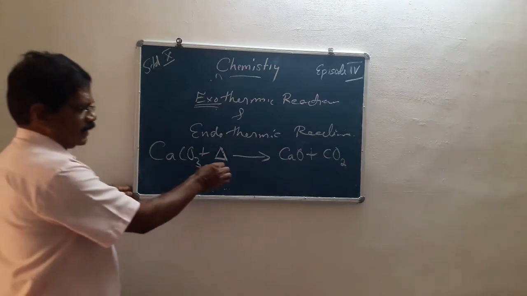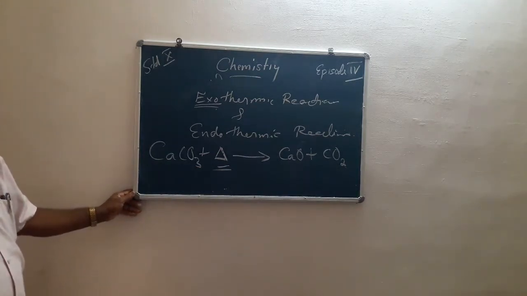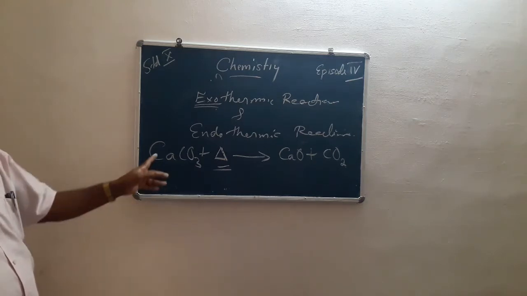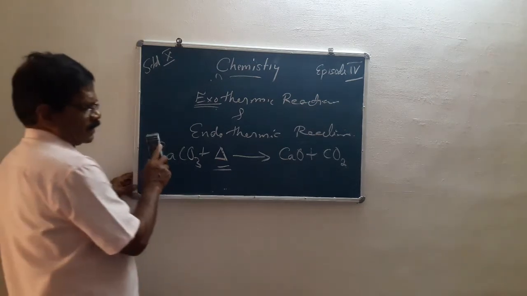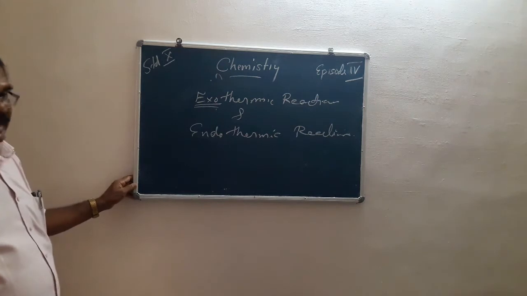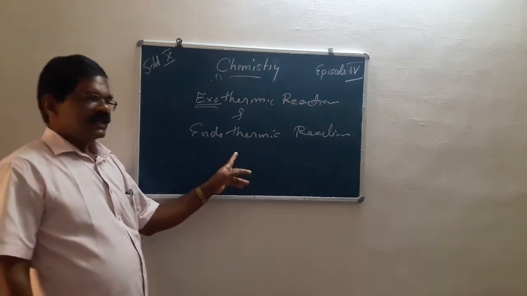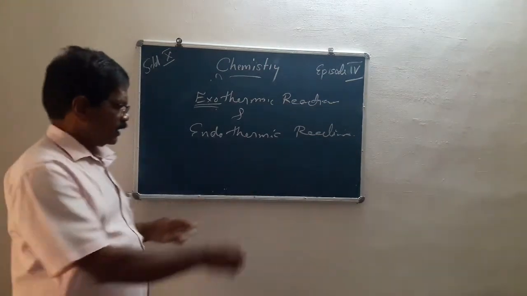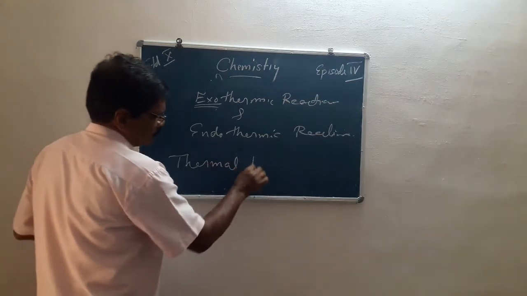Here, heat energy is absorbed, so this type of reaction is called an endothermic reaction. This is also called a thermal reaction, a reaction brought about by thermal decomposition. A reaction brought about by absorbing heat is known as thermal decomposition. There is another term also: thermal decomposition.